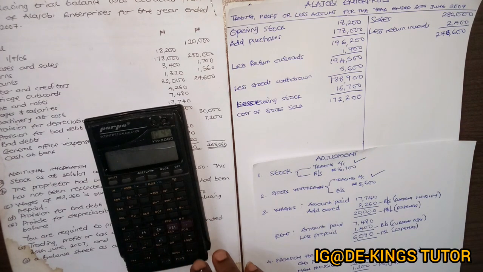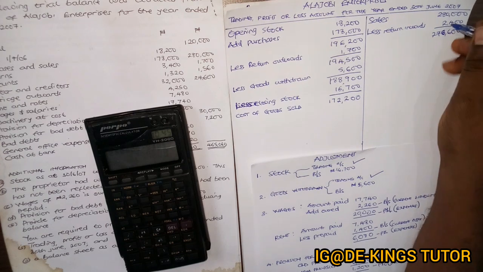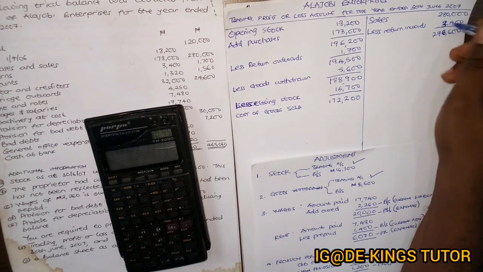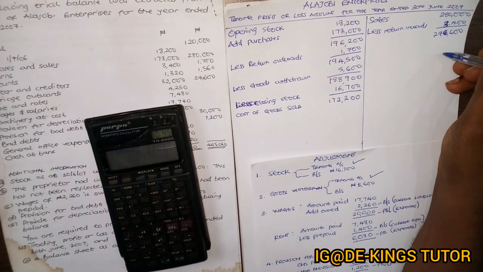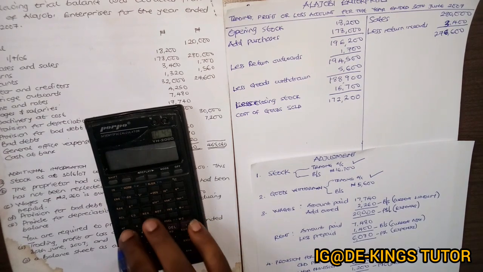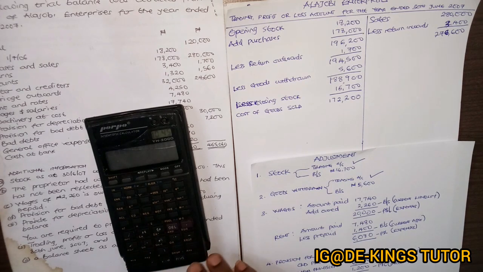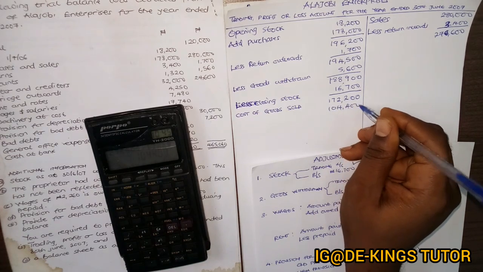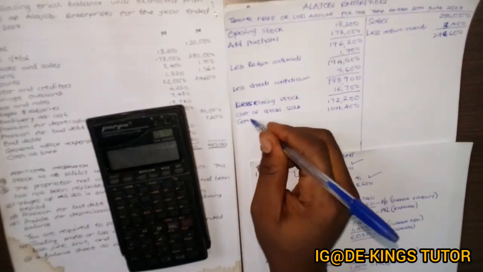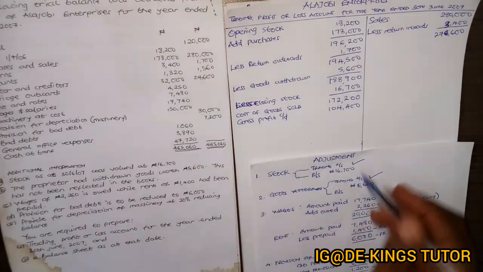It's 280,000 minus 24, sorry, minus 34. Okay, 34. So this is supposed to be 276,600. So 276,600 minus 172,200 gives us 104,400 as our gross profit carried down. Okay, so that's the gross profit.